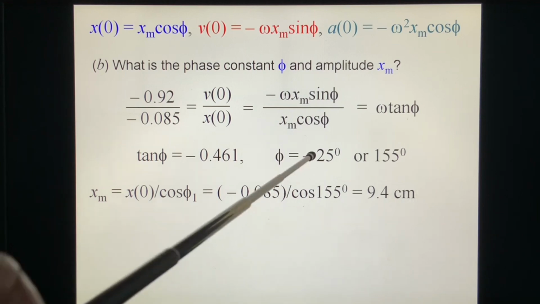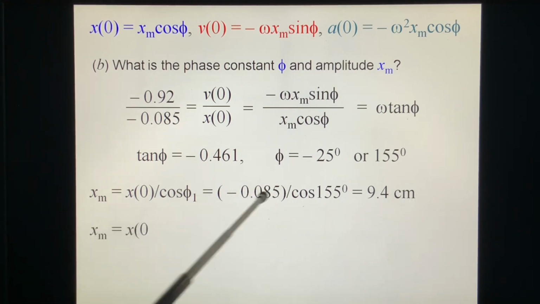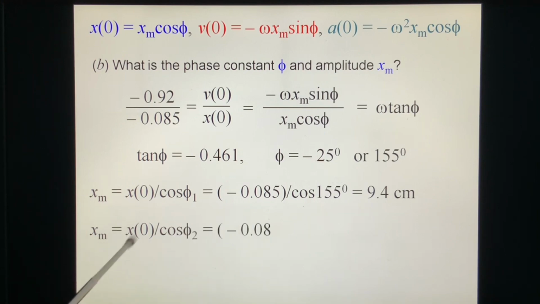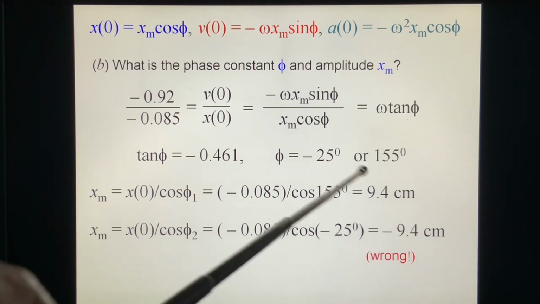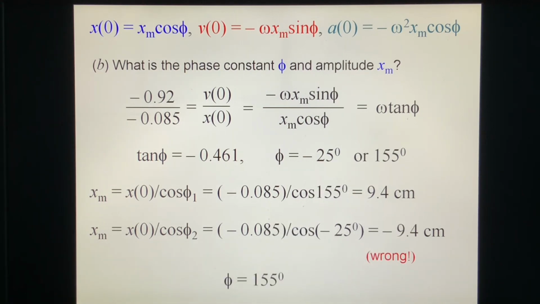Then we check the other one: we put cosine of minus 25 and x0, and we found this one is wrong. Why is it wrong? Because by definition the amplitude xm must be a positive number, and here you get a negative. So our answer is 150 degrees.